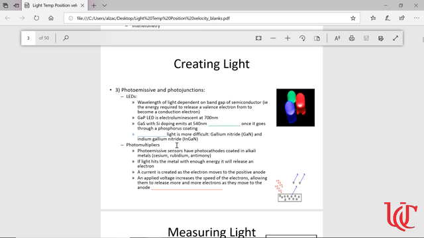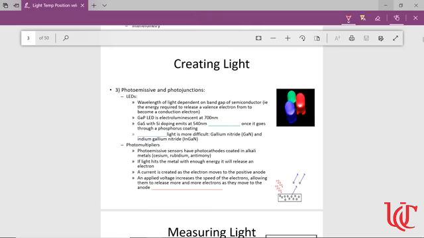If you're going to free one to move across our diode or our transistors or just into a current, you are freeing it up to what's called a conduction electron. It is now free to move or conduct current. I can change what color light I get from an LED by choosing what semiconductor materials and what doping I put into it, because it will change what energy is needed to move those electrons.